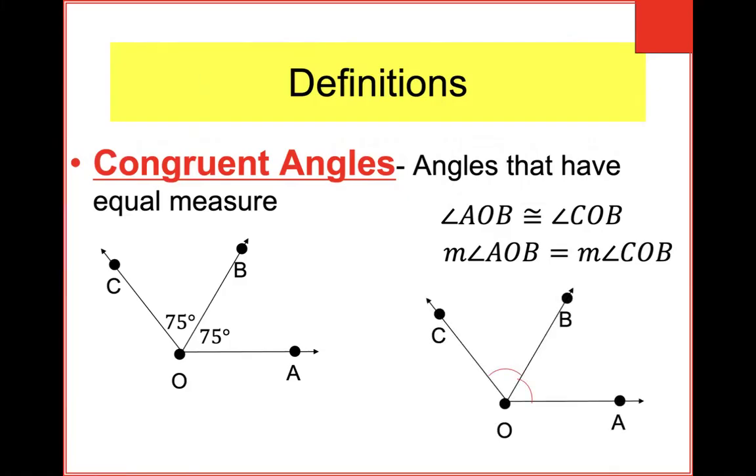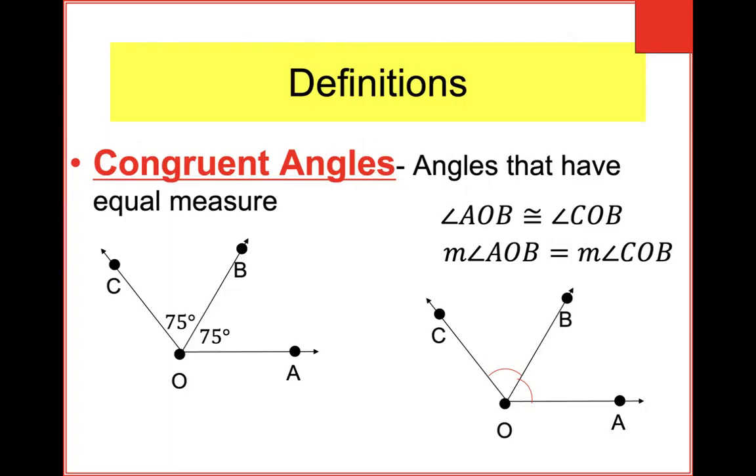Remember, for segments, if two segments have the same measurement, we can put little tick marks. Well, we can't put a tick mark for an angle, so we put arcs for angles if they're congruent or have equal measures. Notice right there, since both angles are 75, they're equal to each other. I indicate that with arcs if I don't want to write the numbers. One arc angle is equal to another angle that has one arc.